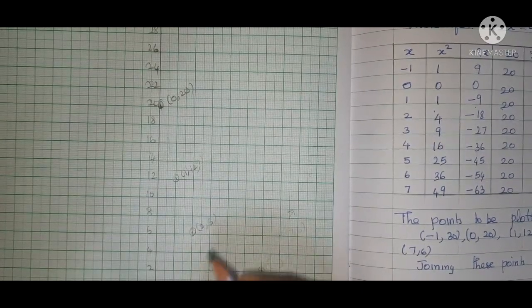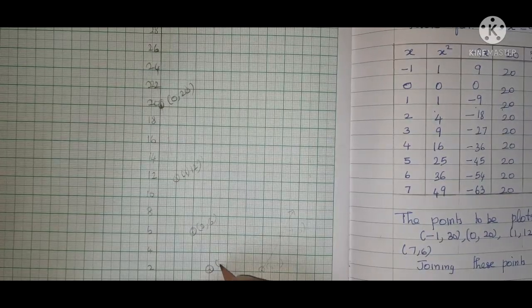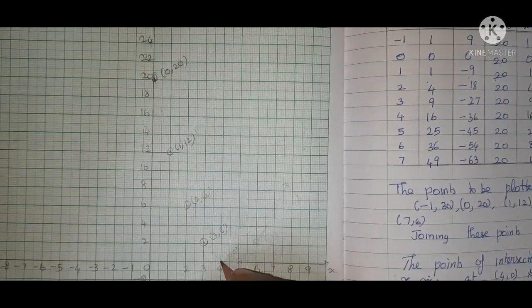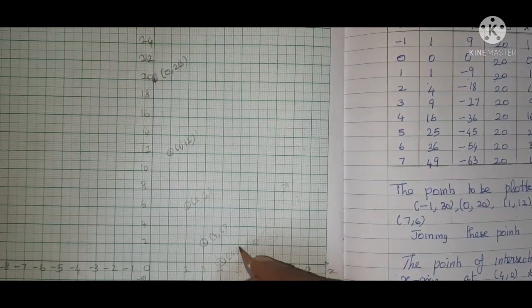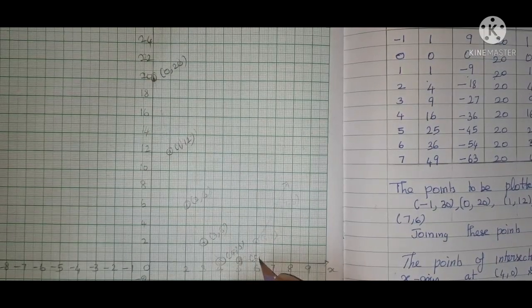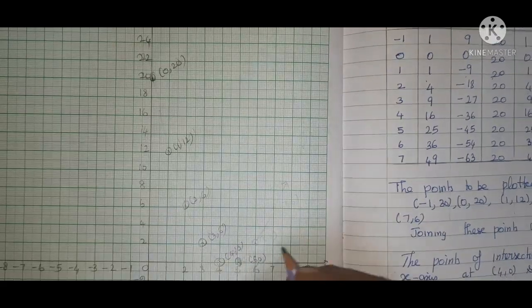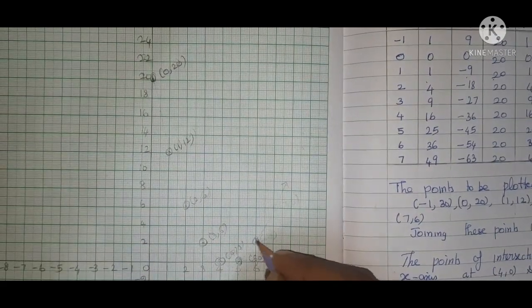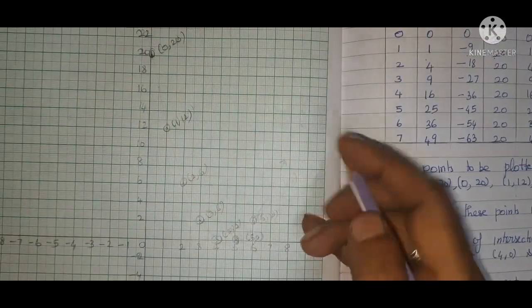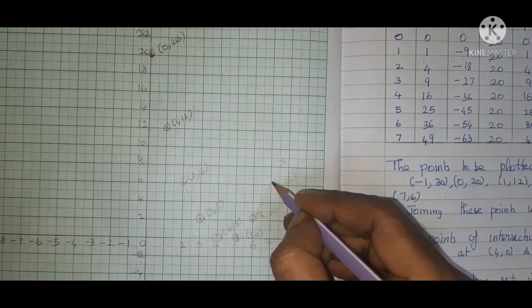Fifth one 3, 2. Sixth one, 4, 0. Seventh one, 5, 0. Eighth one 6, 2. The last point, the ninth point, is 7, 6.